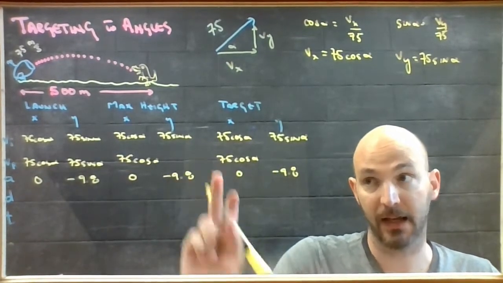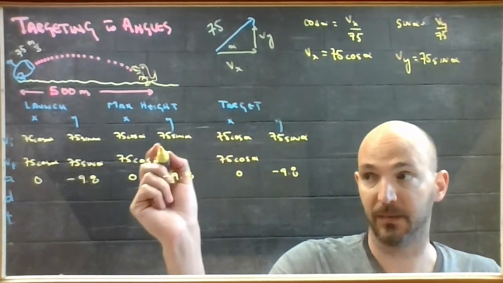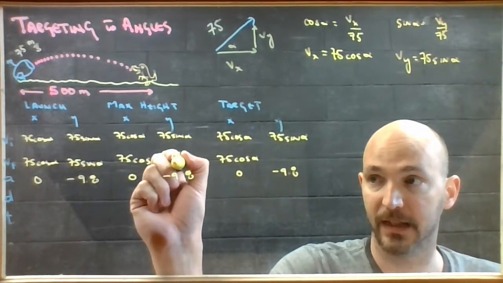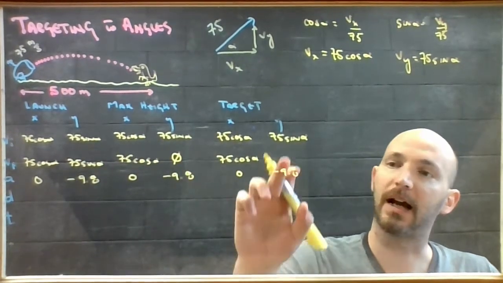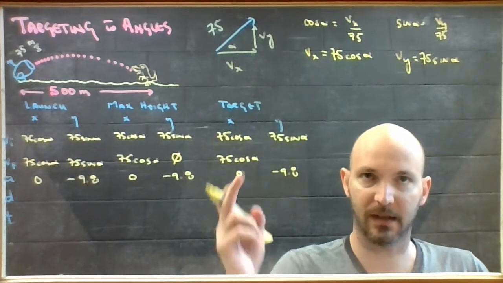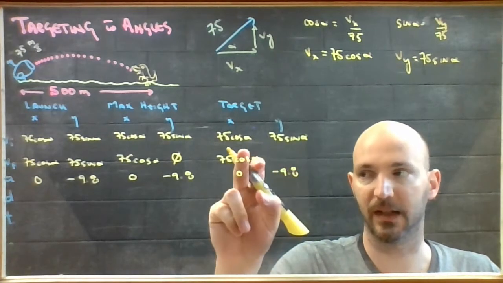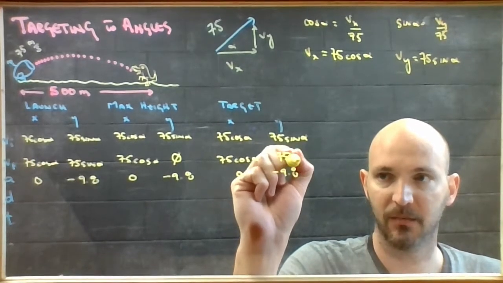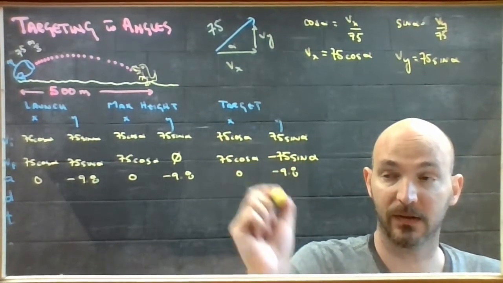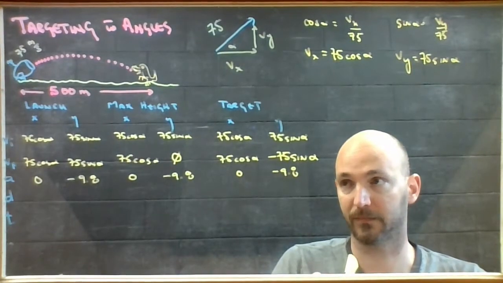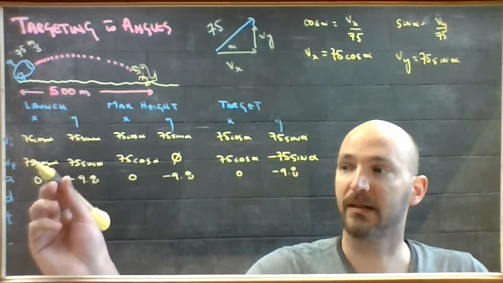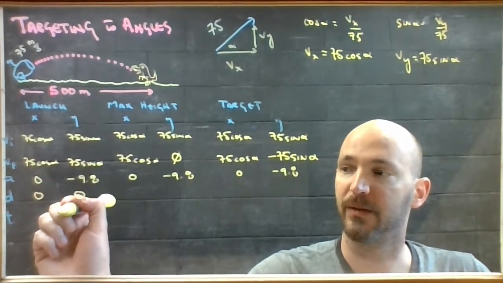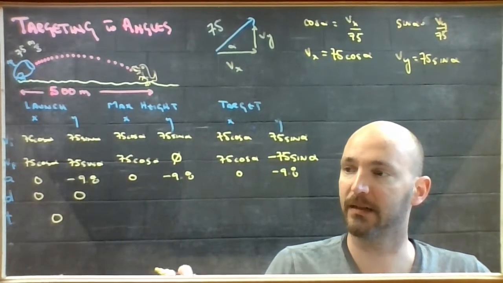At max height, the vertical speed has come to a rest, so that's 0. At the target, because the thing is symmetrical, whatever the initial speed was, it will be the same size, but headed downwards at the target. The distance is 0, 0, and time is 0 at the beginning.